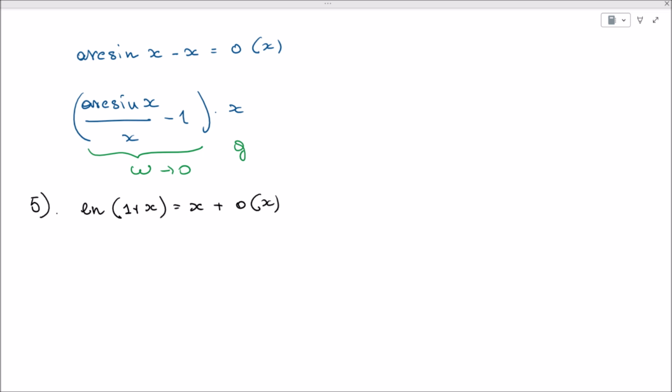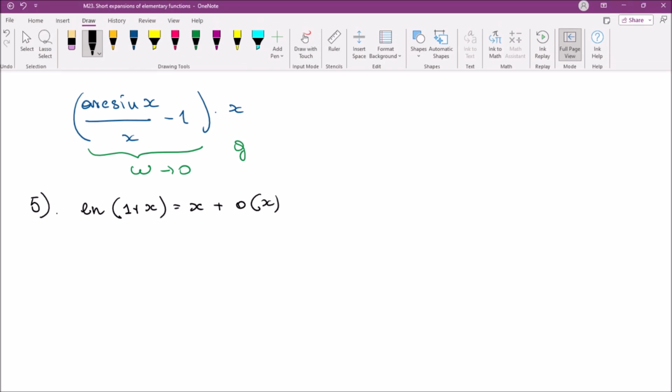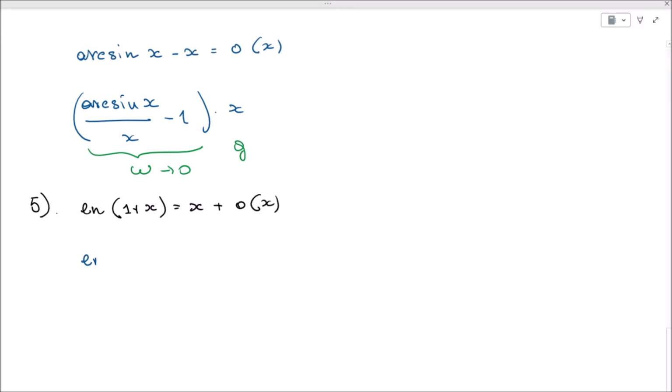Okay, so this is just like saying that the logarithm of 1 plus x minus x is equal to little o of x, which in turn means, by the usual process, logarithm of 1 plus x minus x divided by x and multiplied by x.